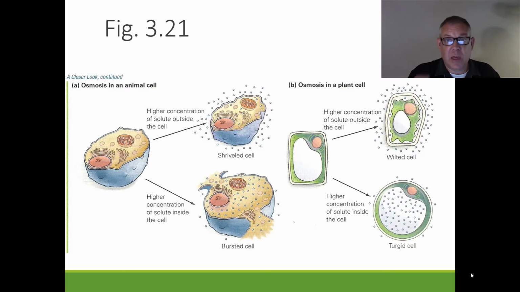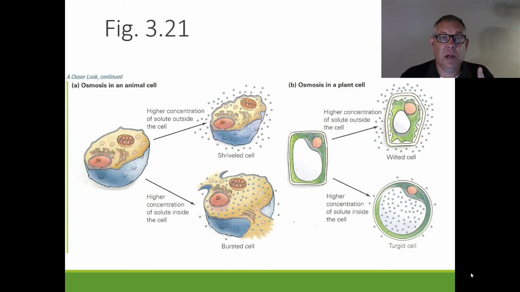If you've got a higher concentration of solute outside the cell, that means inside the cell is hypotonic, water is going to leave. And that cell is going to shrink and pull away from that cell wall. Whereas if inside the cell is hypertonic, then water is going to go into the cell and the cell is going to swell.